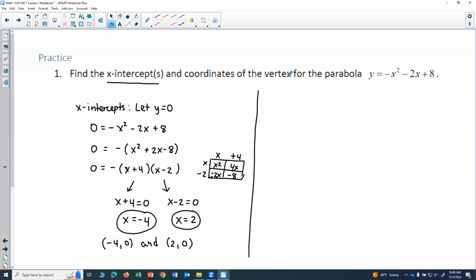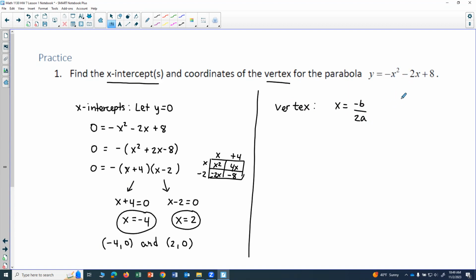All right, now the other thing that we're asked for is the vertex. So remember, to get the vertex, we're going to let x equal negative b over 2a. And what I have to do is identify my a, b, and c.